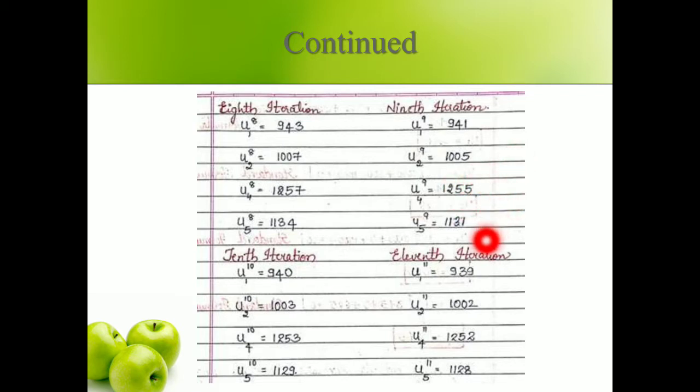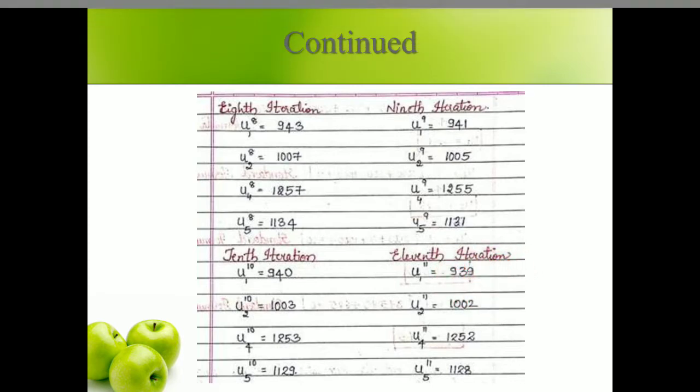Similarly, when you are using the 10th iteration, you will be using the 9th iteration values to solve. So you are getting very nearby answers here also: 940, 1003, 1253, 1129. In the 11th iteration you are getting 939, 1002, 1252, 1128. So these are very nearby answers.